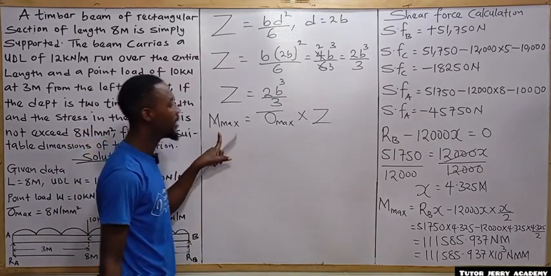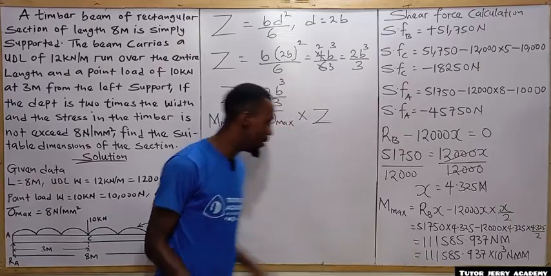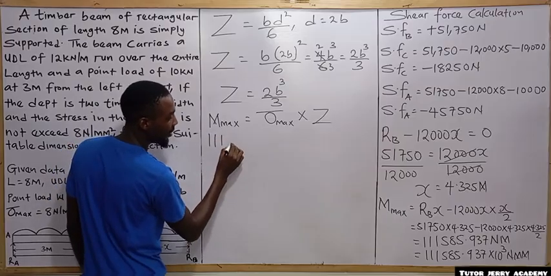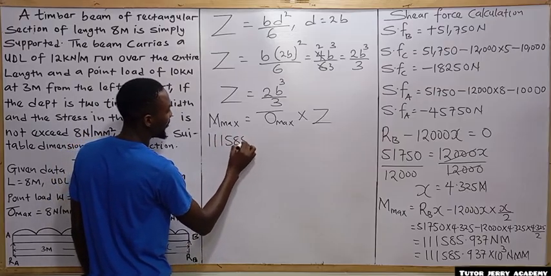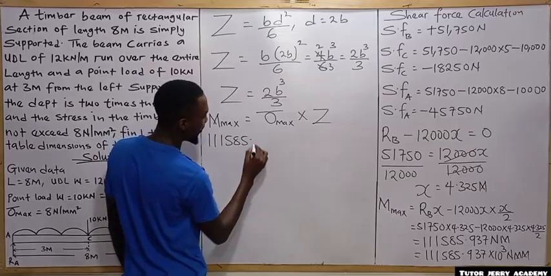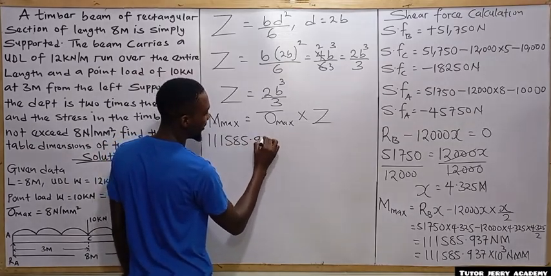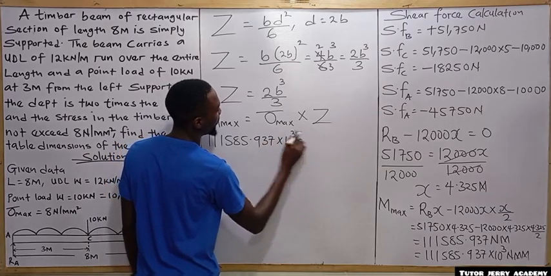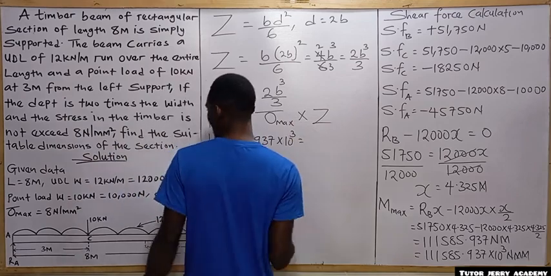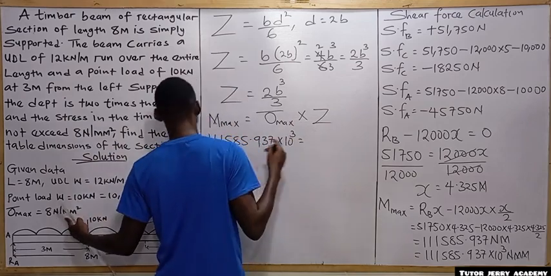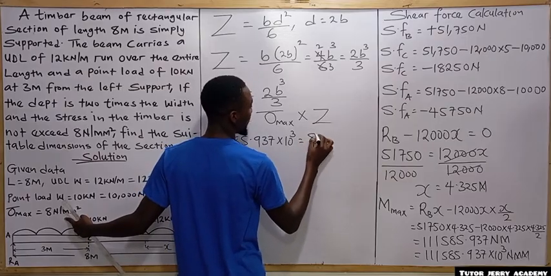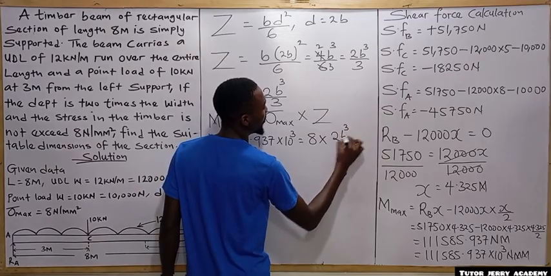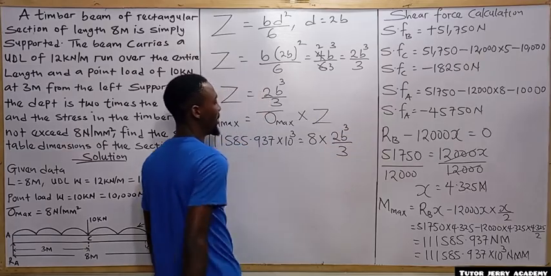So now our maximum bending moment here is going to be 11585.937 times 10 to the power of 3, which will be equal to the maximum stress, which is 8, times our Z, which is 2b cubed divided by 3. All right.